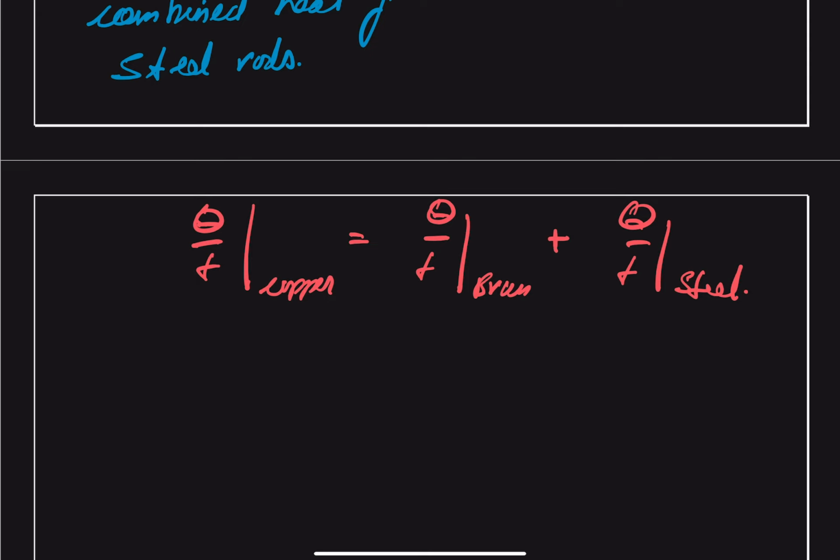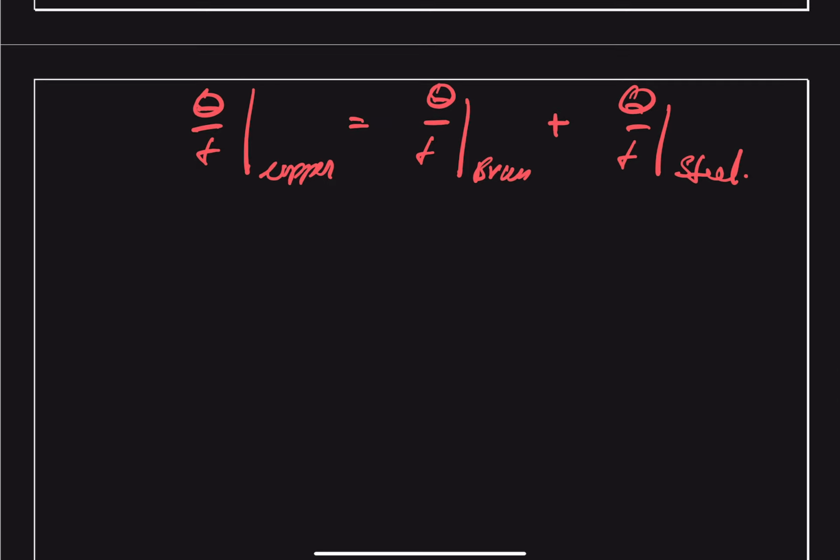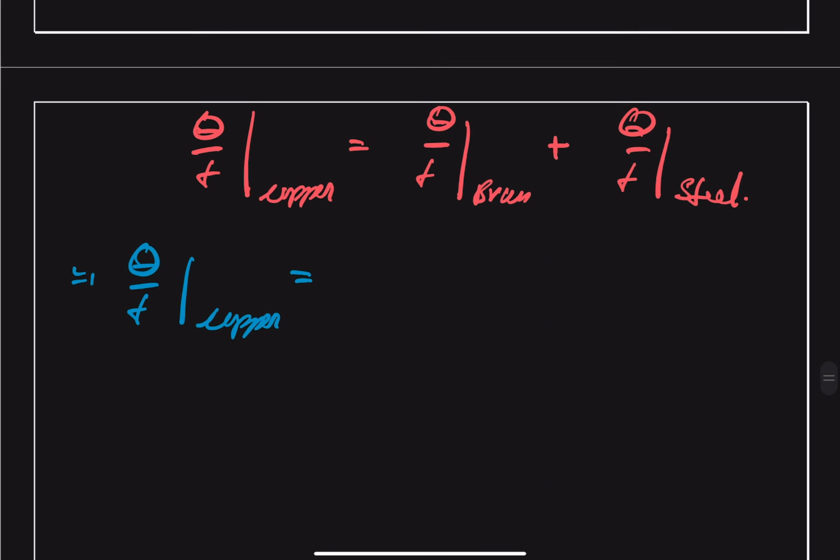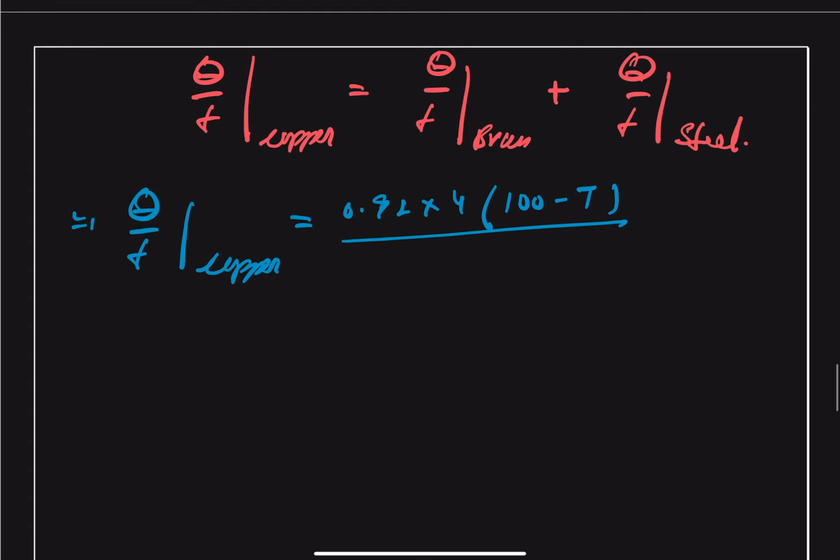So let us find out the various values or equations for respective terms. First is our Q upon T for copper, which can be written as K of copper, the thermal conductivity of the copper, which is 0.92, multiplied by the cross-sectional area 4, with one end at 100 and the other end at T, divided by the length of the copper, that is 46.